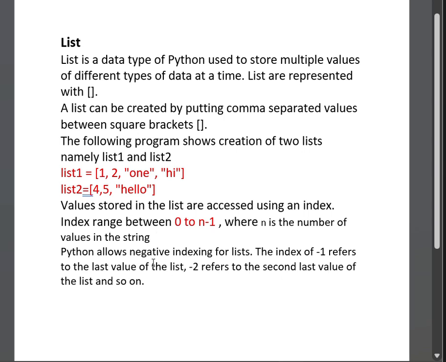We also know that Python allows negative indexing for lists. An index of minus 1 refers to the last value of the list, minus 2 refers to the second last value of the list, and so on.